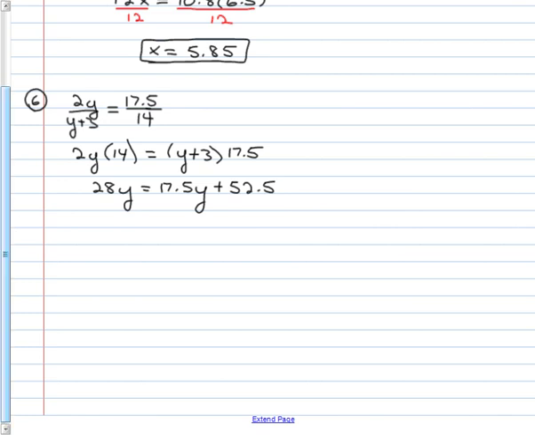So let's get some like terms together. Subtract the 17.5 from 28, so that would be 10.5y, this is taking 28y minus 17.5y. 10.5y equals 52.5. Divide by that 10.5. And we get 5. y must have a value of 5.